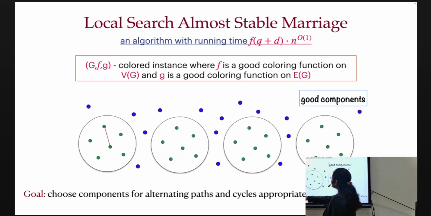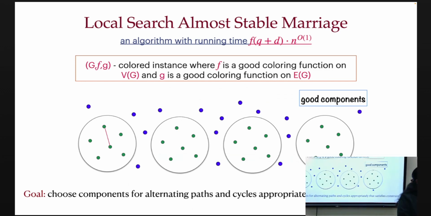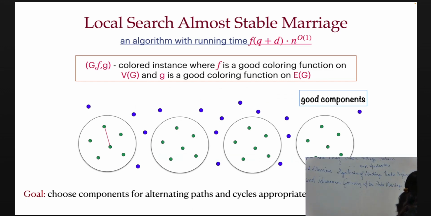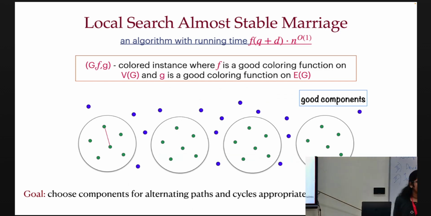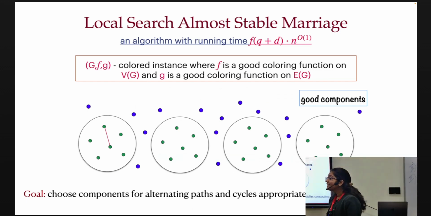Across the components we know there is no edge, right? Because these are components, there are no edges. Where are the other edges?